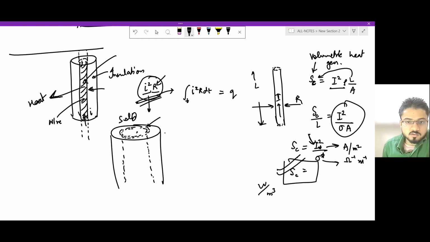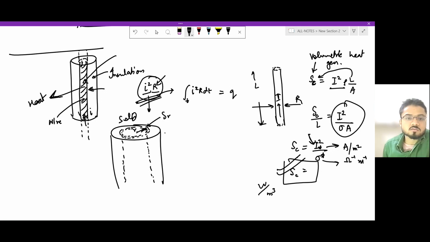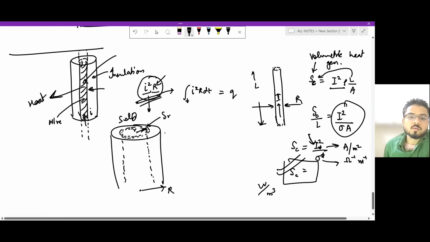Let's take the thickness as delta R. And let's take this radius as R. This overall radius is capital R. Just to differentiate the small bit, the capitals.